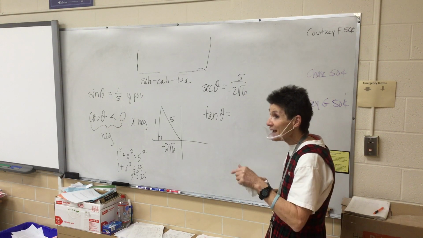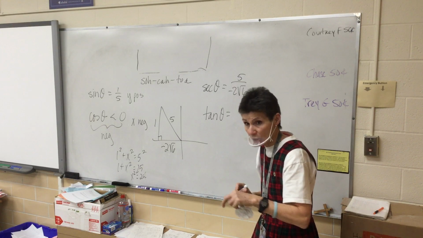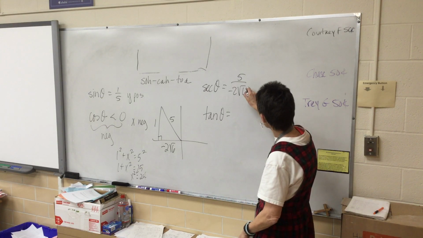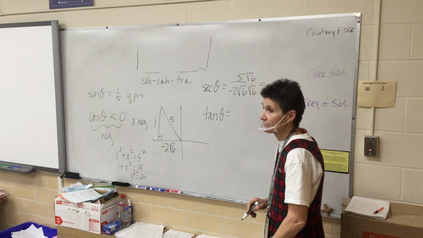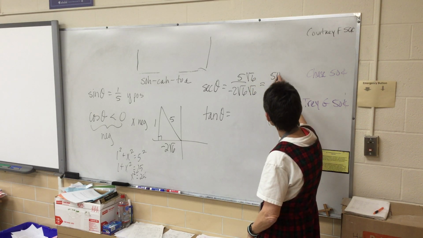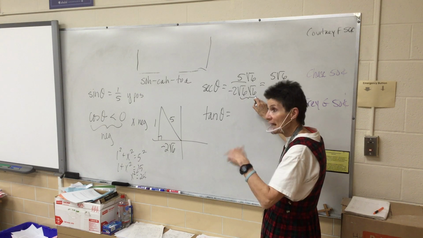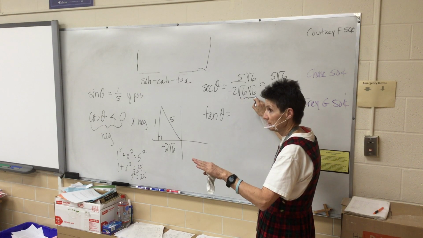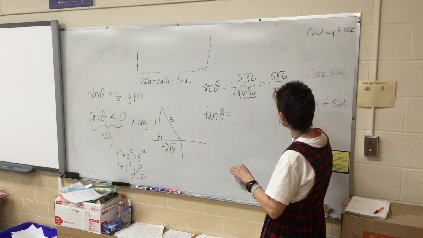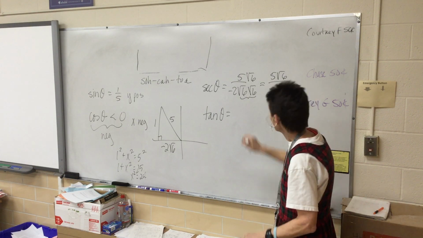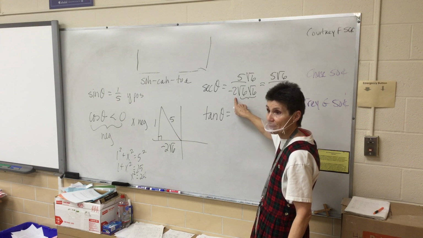Now when we rationalize that, it's just the root 6 that's causing us trouble. So we're going to multiply the top and the bottom by root 6. So we have 5 root 6 on the top. Now, these two make a plain 6. That's why we did it. But there's still a 2 there, so it's actually a negative 12 on the bottom. Because these make a 6, but you have to times it by the 2 that's down there also.